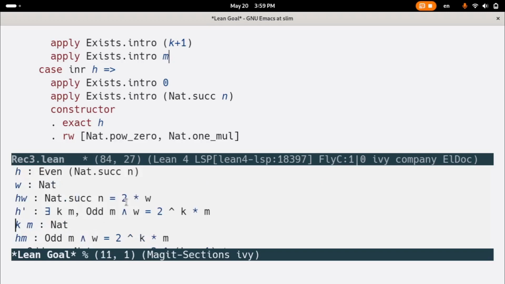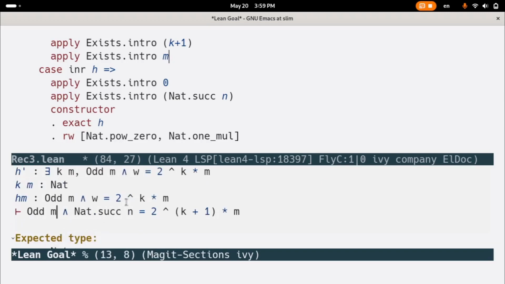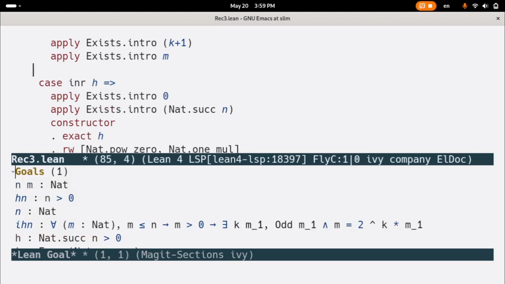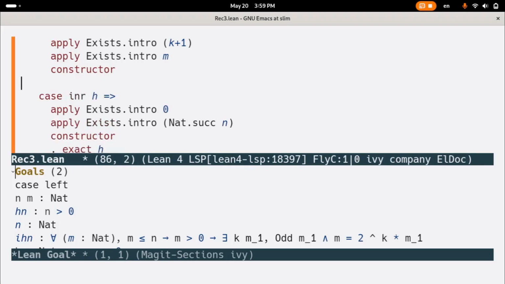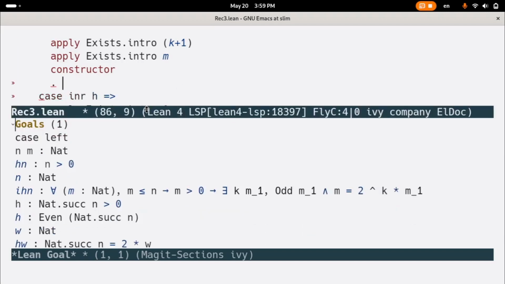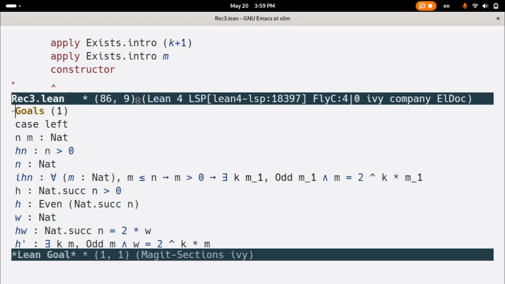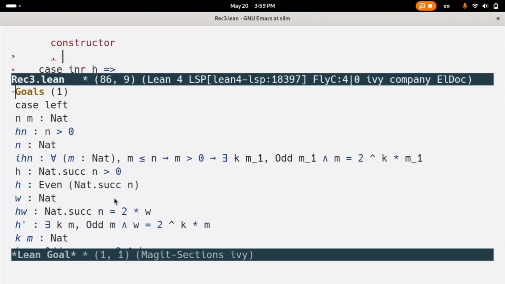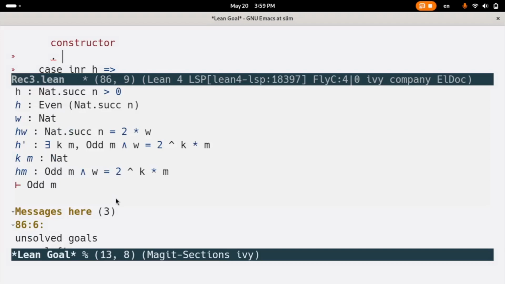Let me show you this. We have to prove that M is odd and N plus 1 is 2 power K plus 1 times M. So we use the constructor tactic to prove both cases. In the left case, we already have the fact that M is odd in the hypothesis as HM dot left.